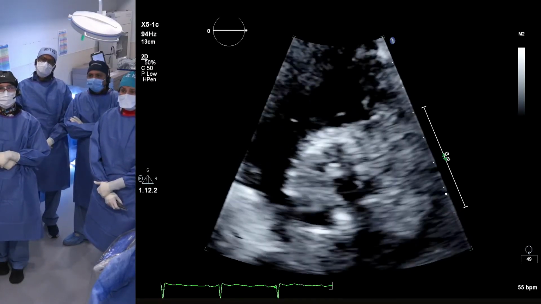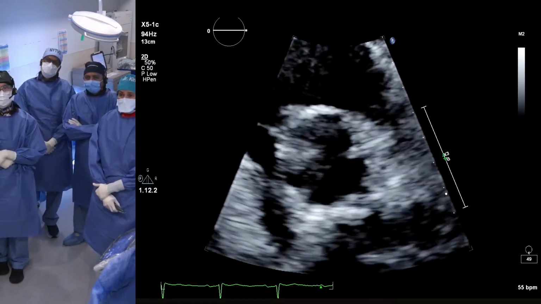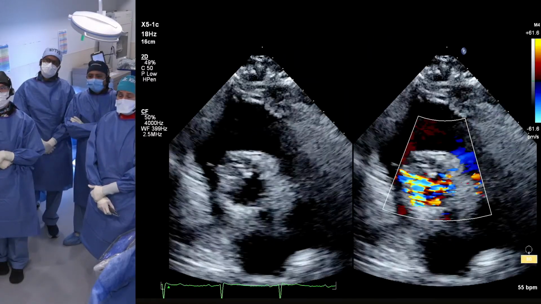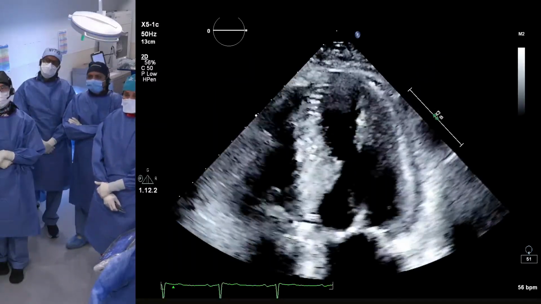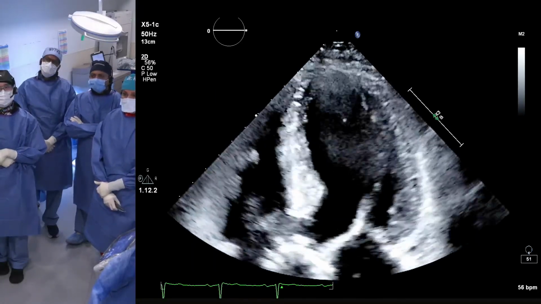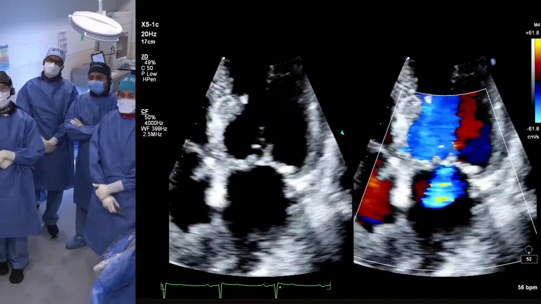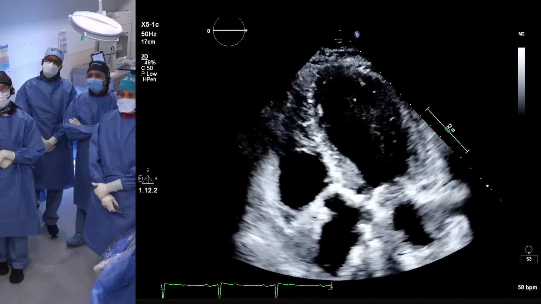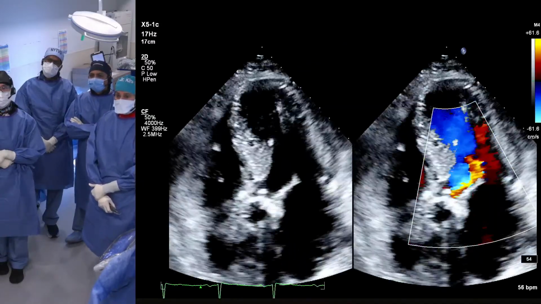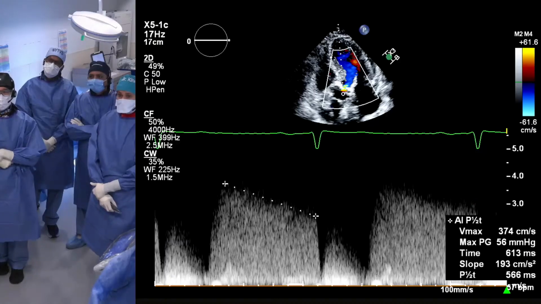In the short axis of the aortic valve, as you can see, decreased opening of the valve with thickened calcified leaflets. Again, with color, turbulent flow, minimal AI, normal LV function, normal RV function, mild MR. As you can see, very thickened leaflets, not opening at all, calcified, moderate valvular AI.